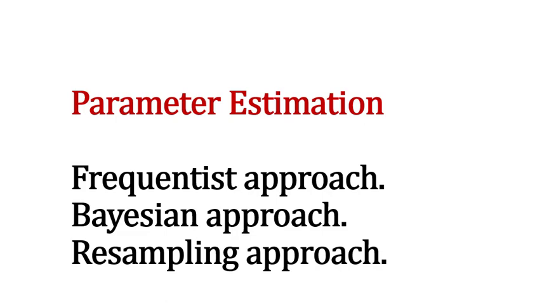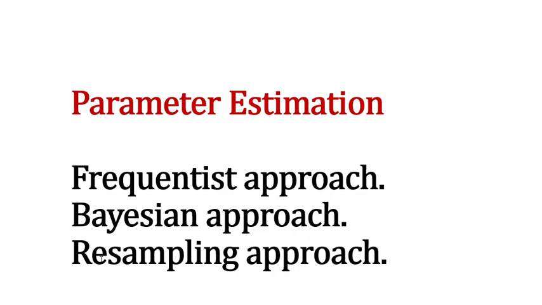Okay, so in parameter estimation, there are many approaches, and I'm going to show you three of them. But it's important to say that within each of these, there are many varieties of approaches. So what I'm going to show you is probably the most representative or the most popular within these approaches.